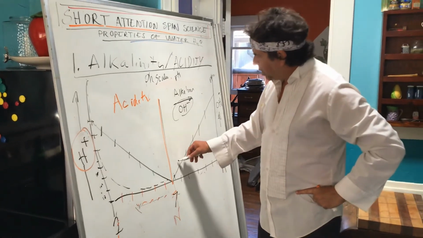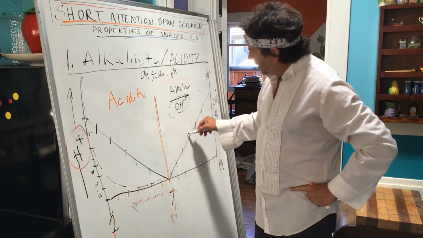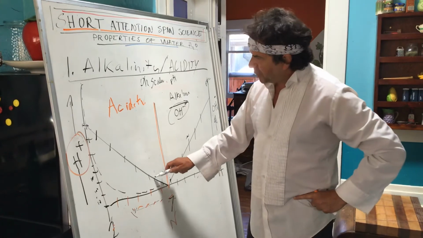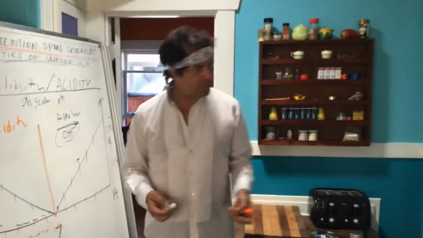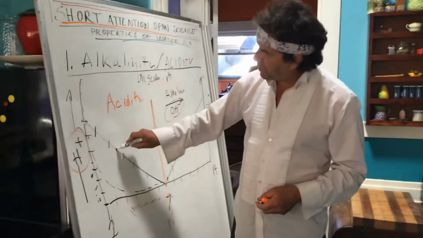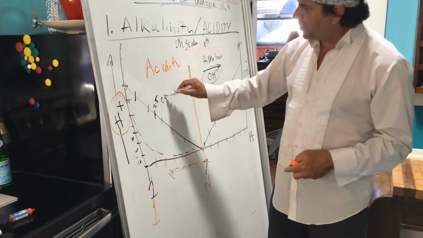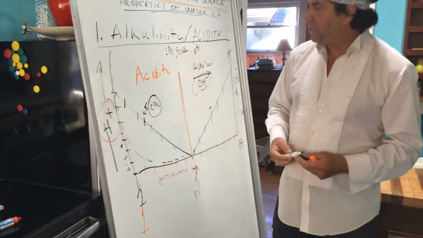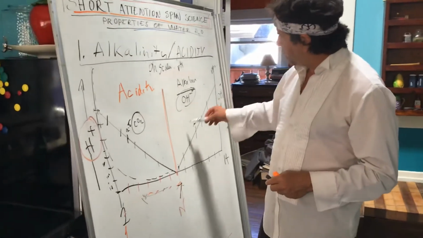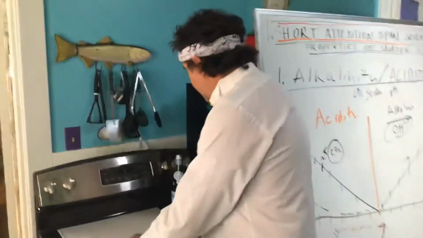Gall and pancreatic fluid, I believe, are in the 8, 9, and 10 range. Soda pop and carbonated drinks are way down in the 2.5 range, because anything with those CO2 bubbles, beer, carbonated waters, soda pop, instantly turns any alkaline substance into acidity. I'll show that to you real quick right now.